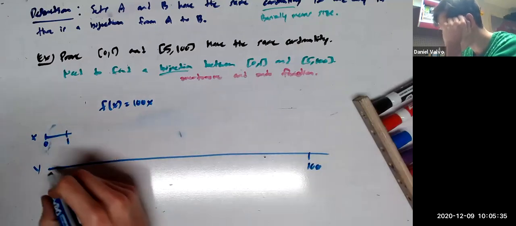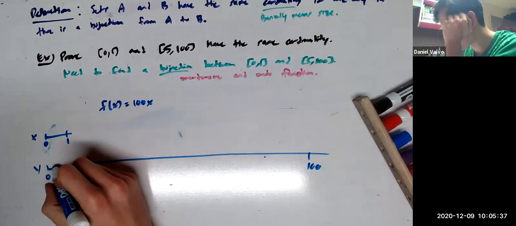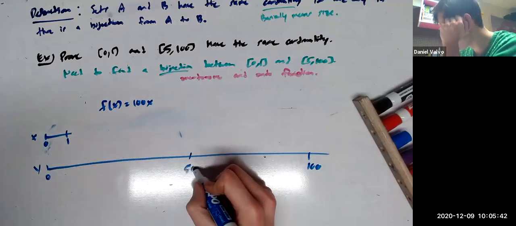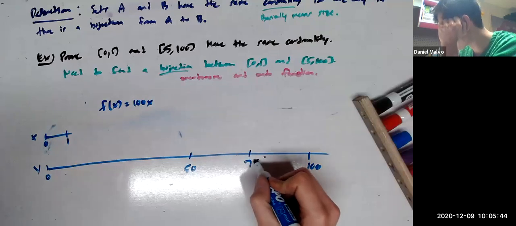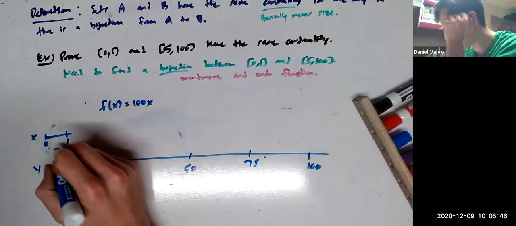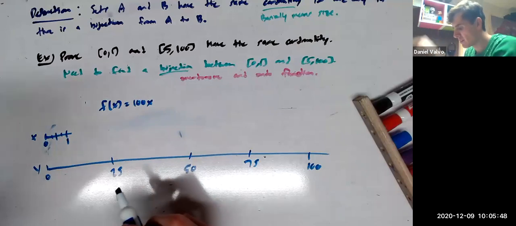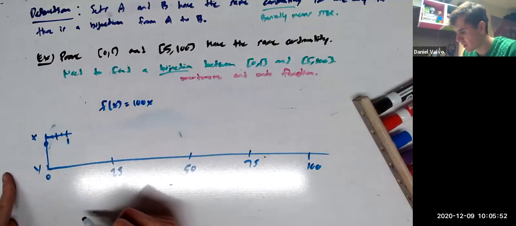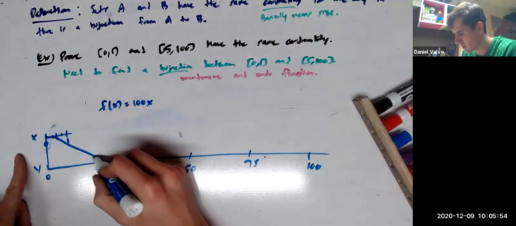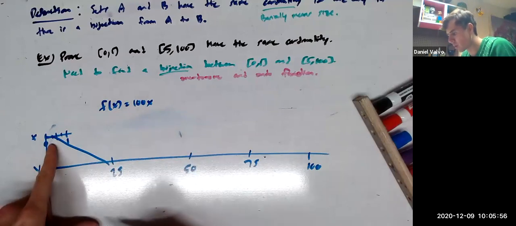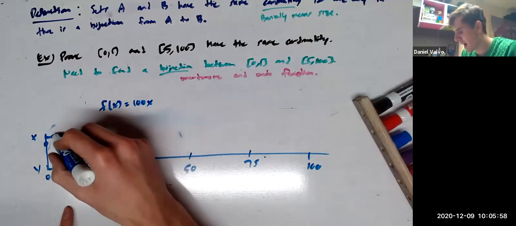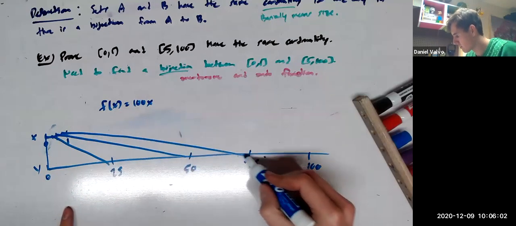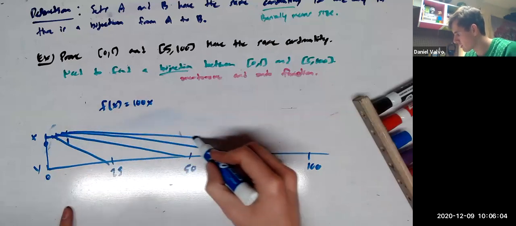Let's say this is 100, this is 0, this is 50, this is 75, this is 25. 0 times 100 is 0. A quarter times 100 is 25. A half times 100 is 50. 3/4 times 100 is 75. And then 1 times 100 is 100.